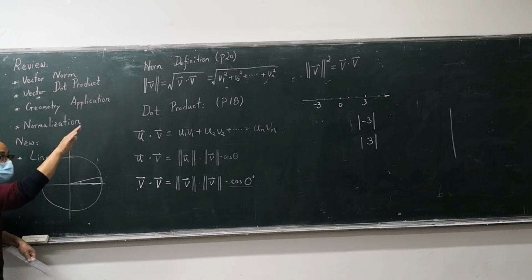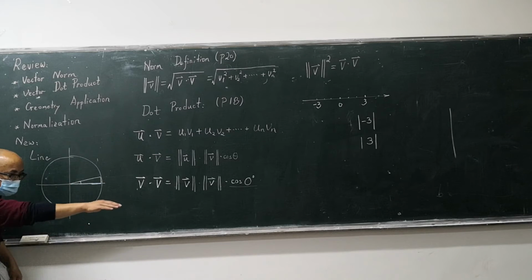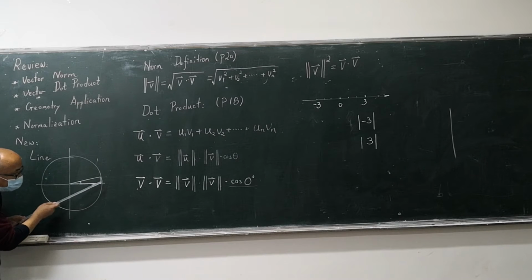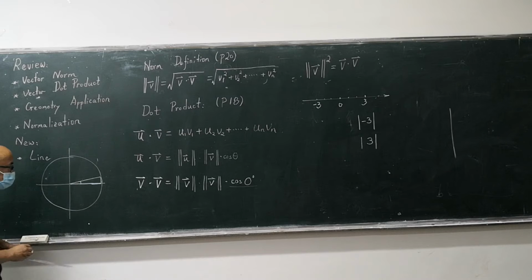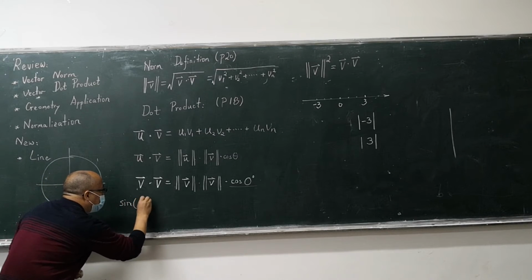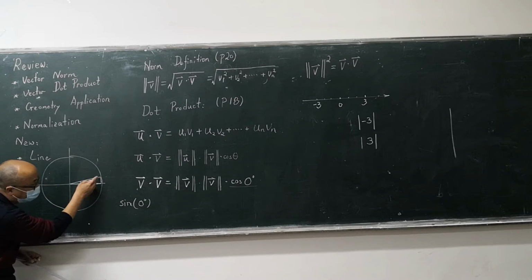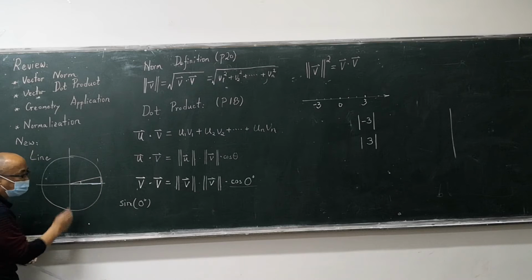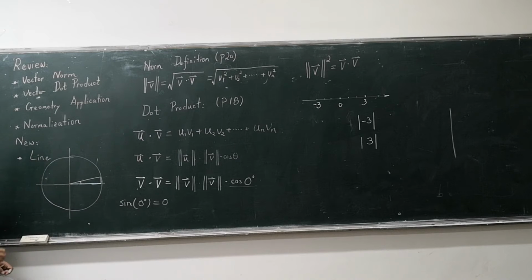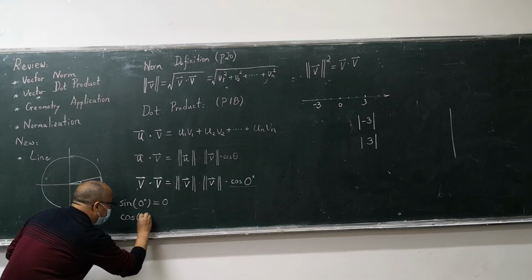The movie screen has completely dropped to the floor, so the red part becomes 0. This is sine 0. You can talk about the distance, the arc length. That is 0.